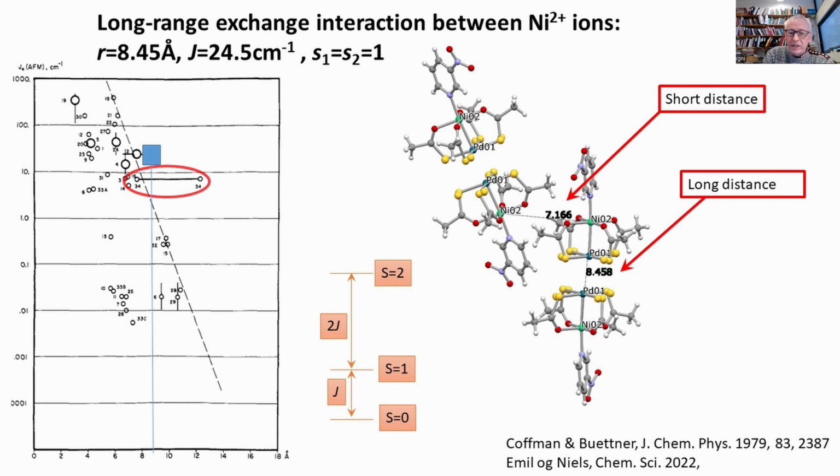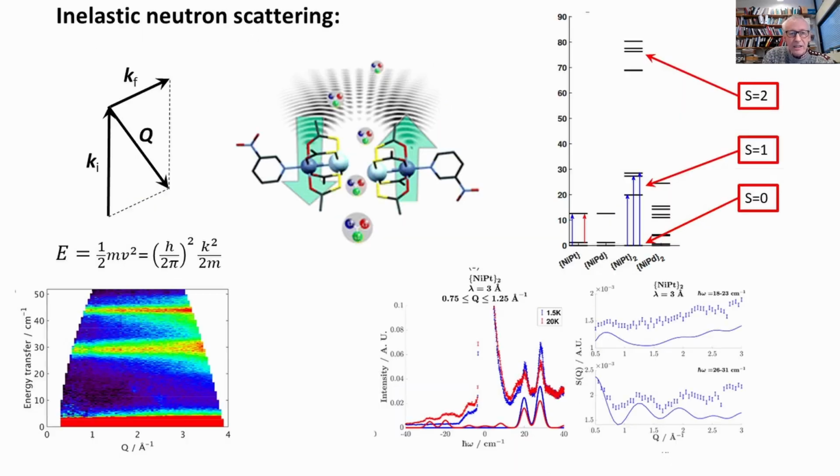And here we are actually in the same situation. Is it this distance or is it that distance? And there is actually, to our knowledge, only one method which can decide this, and that is if you try to make use of the technique of inelastic neutron scattering.